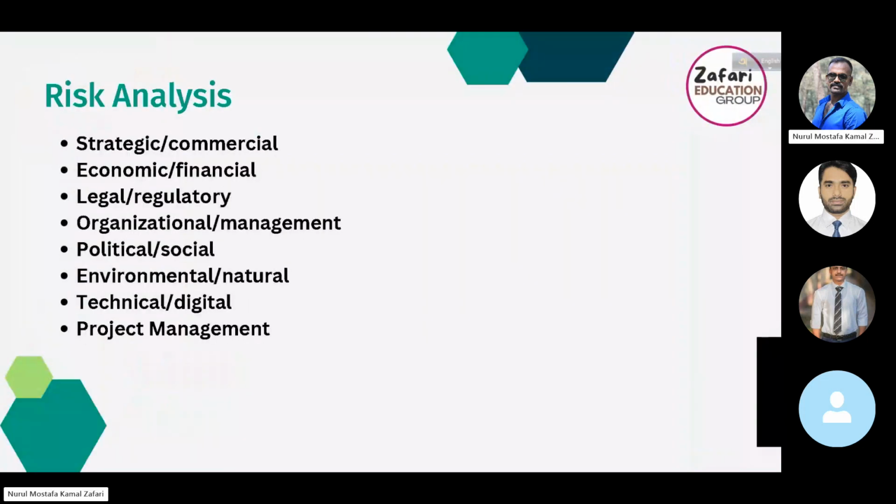Risk analysis. During the project identification and definition phase, we need to analyze the risks of the project. What are the existing risks? If there is any commercial risk, economical risk, legal risk, organizational risk, political or social risk, environmental or natural risk, technical risk, project management related risk, we need to identify and put it in a diagram.